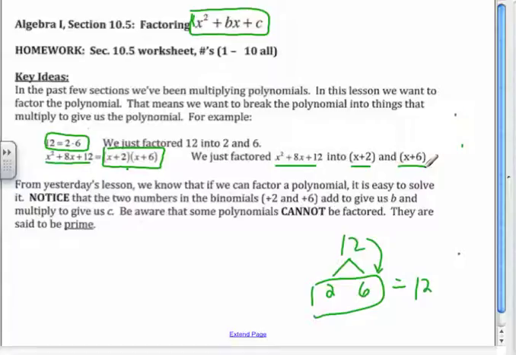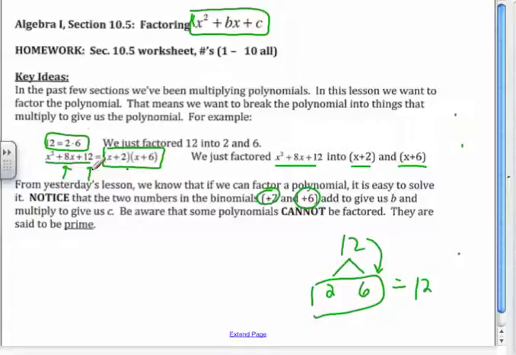From yesterday's lesson, we know that if we can factor a polynomial, it's easy to solve it. Notice that the two numbers in the binomials, right, and this is the key, the two numbers in the binomials, plus 2 and plus 6, they add to give us the middle number. And they multiply to give us the last number.